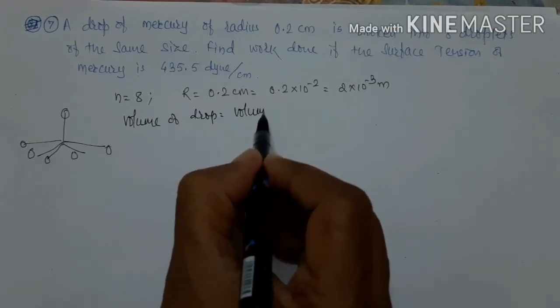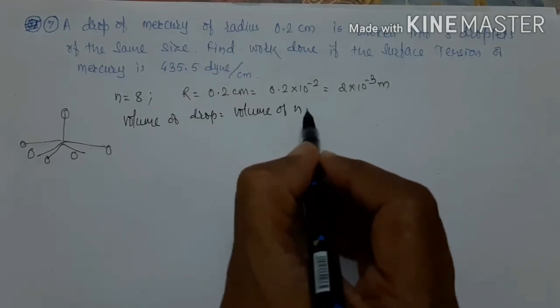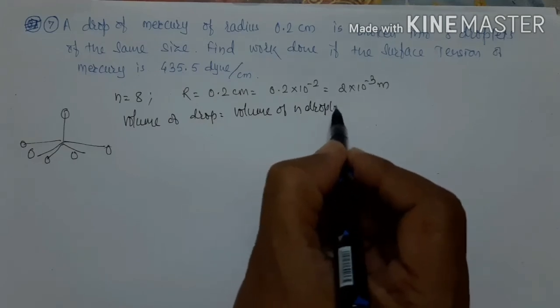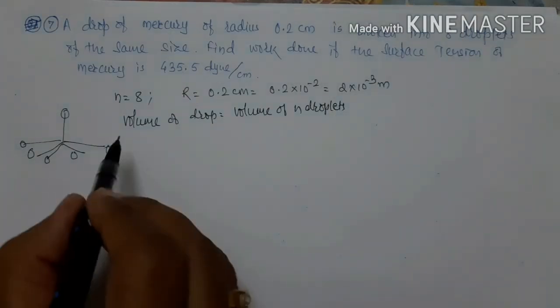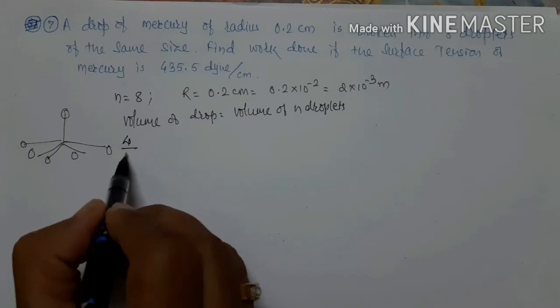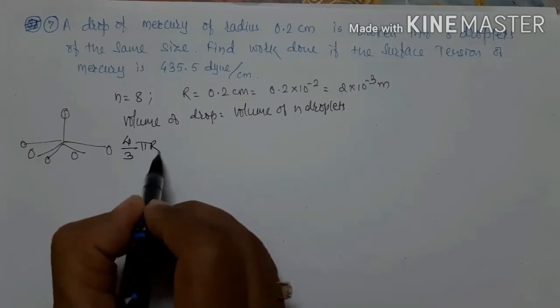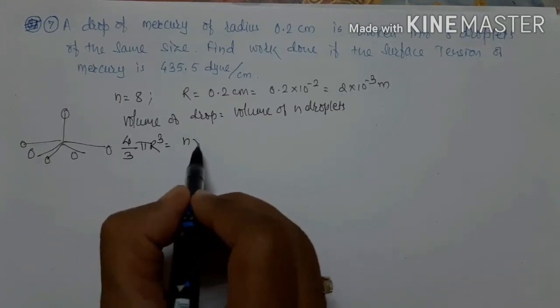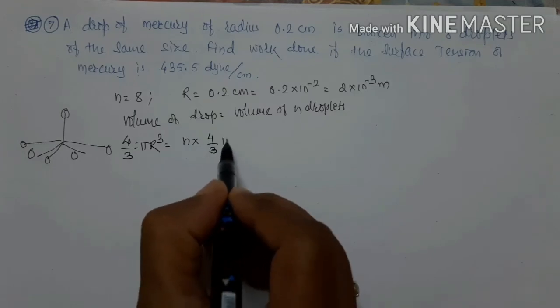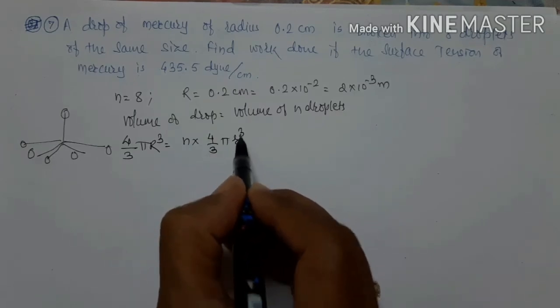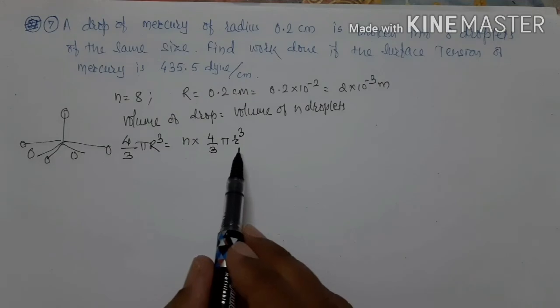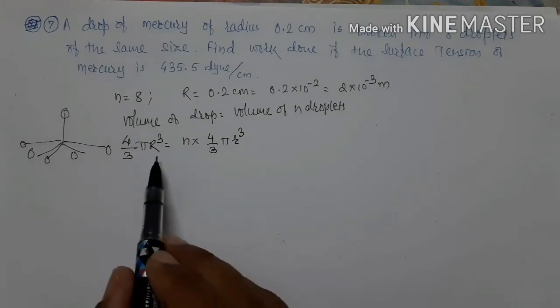Now, again, when n droplets combine to form a single drop, the volume of one drop is equal to volume of n droplets. Volume of one drop is 4 by 3 pi R cube. It is n into 4 by 3 pi r cube, where small r is the radius of droplet and capital R is the radius of drop.